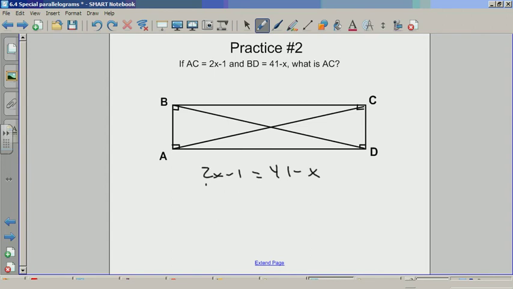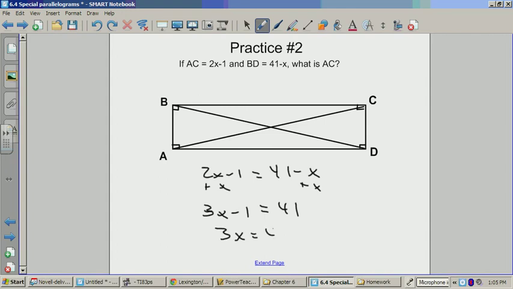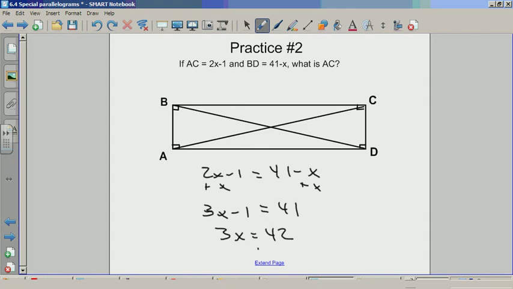I will add x to both sides of the equation, and I will get 3x minus 1 is equal to 41. Adding 1 to both sides of the equation, 3x is equal to 42. Dividing through by 3, x is equal to 14. They didn't ask me what x was, though.